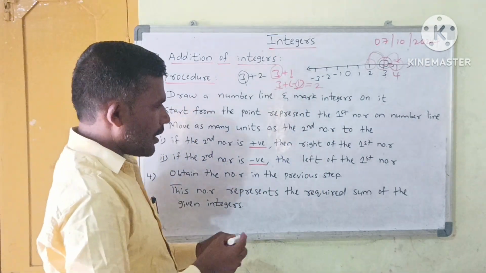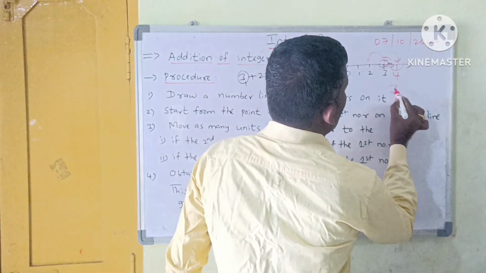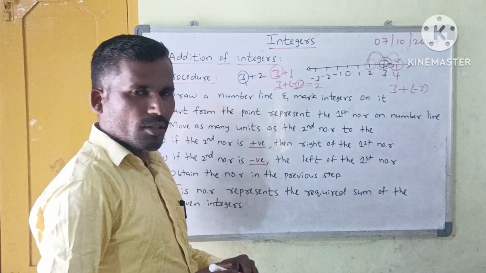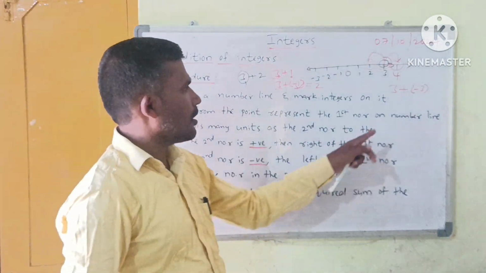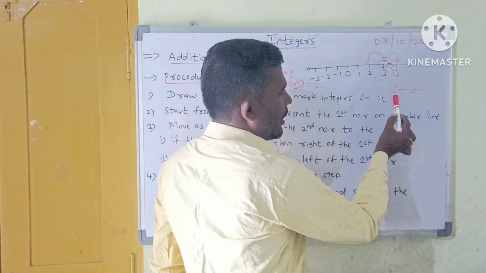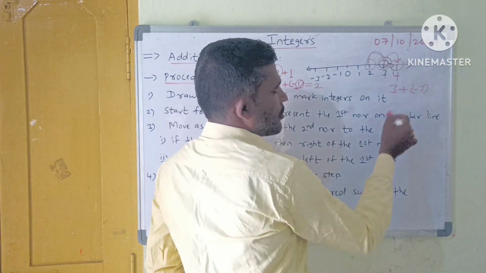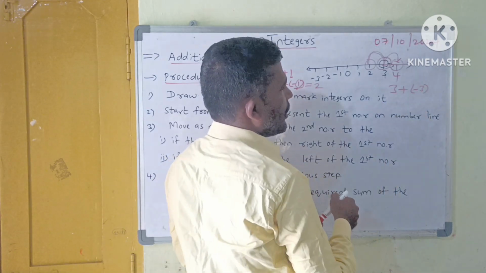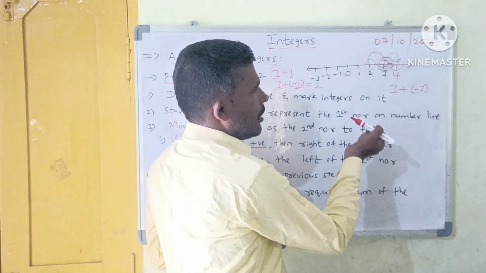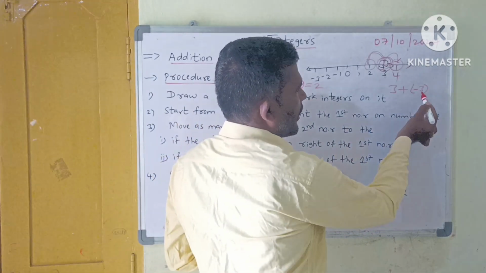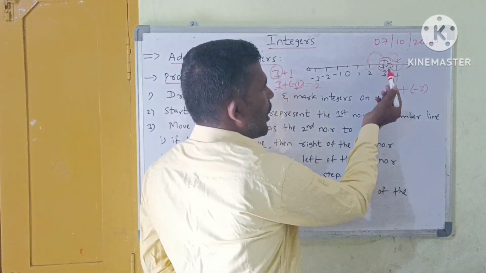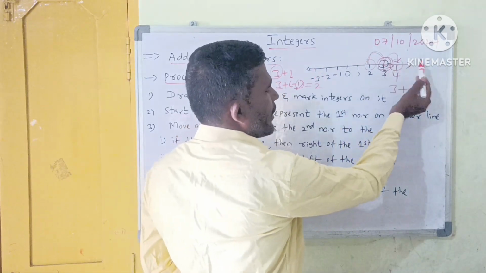For example, I am taking 3 plus minus 3, that is 3 adding minus 3. The first number is 3, so we started at 3. And adding negative 3, from the 3 you have to move to the left side only, not the right side. If it is positive, you move to the right side.